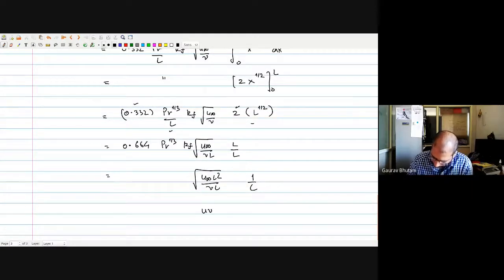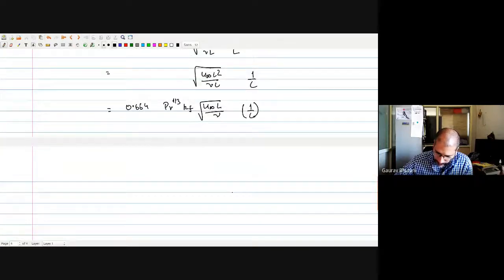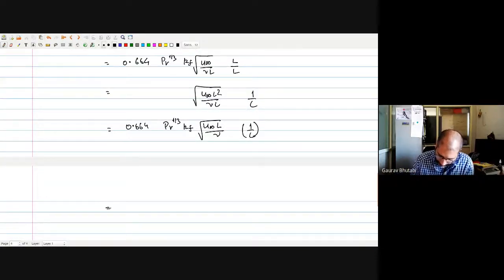So this becomes u infinity L by nu, and then you still have a 1 by L. So this expression u infinity L by nu, that is the Reynolds number defined on the length L. So then we get Re L to the power of half.